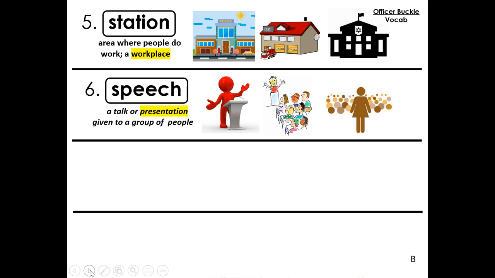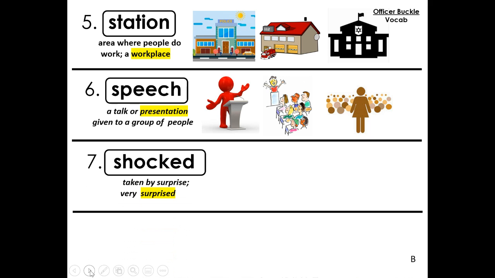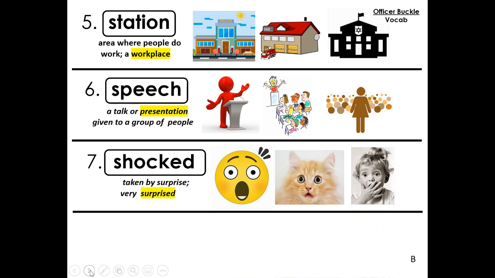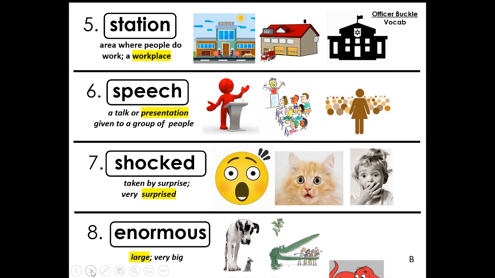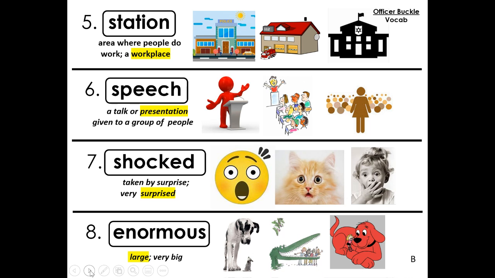And I highlighted presentation because that's a synonym for speech. Number 7, shocked, taken by surprise, very surprised. And a synonym is surprised. And finally, number 8, enormous, large, very big. And I highlighted in yellow, large.